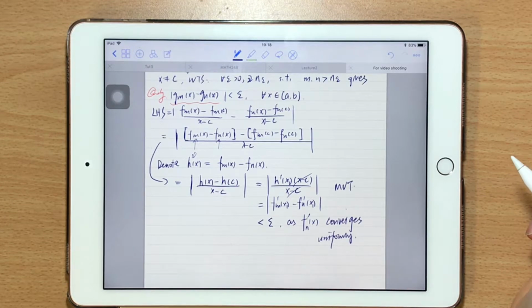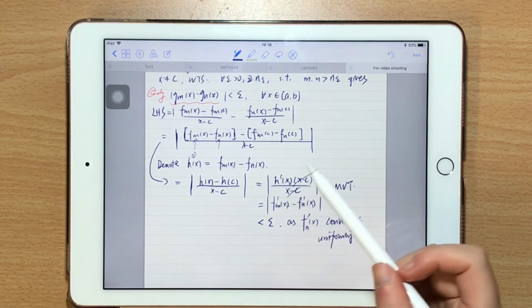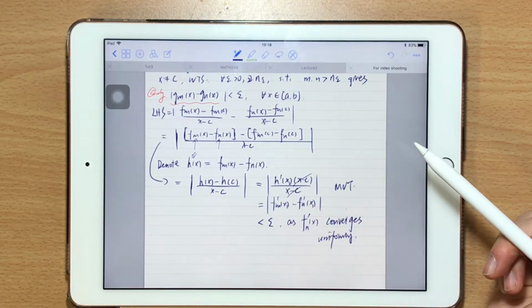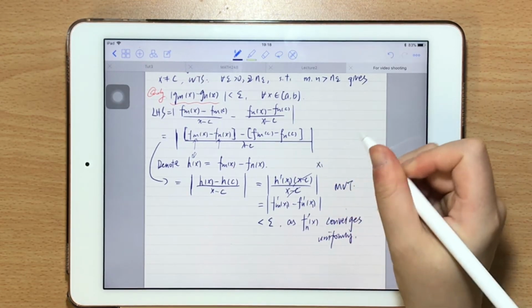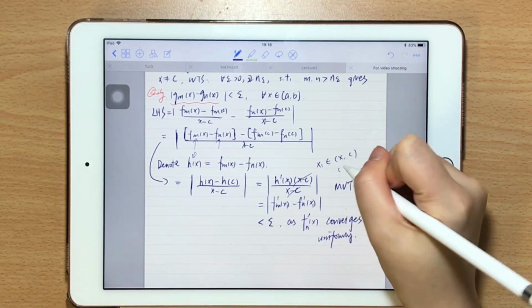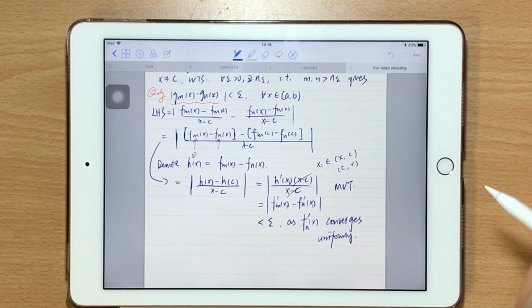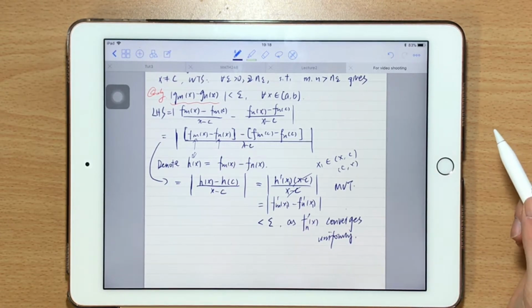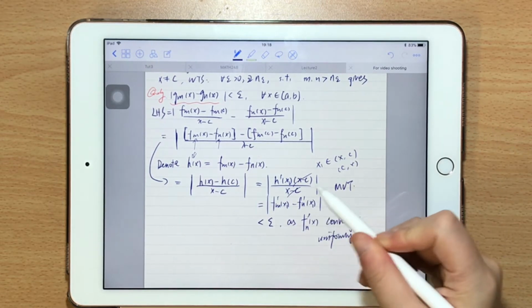The mean value theorem says that there exists some point x_1 between x and c, supposing x is smaller than c, or between c and x if x is larger than c, such that h(x) minus h(c) equals h prime x_1 times x minus c, and x minus c cancels out.